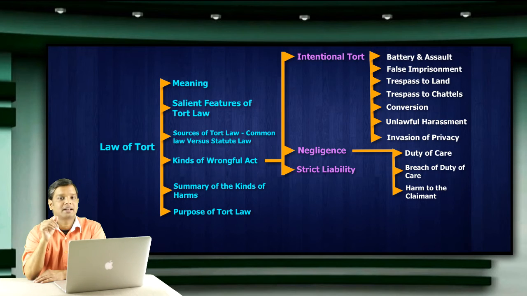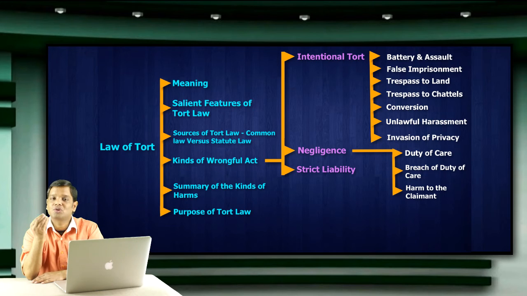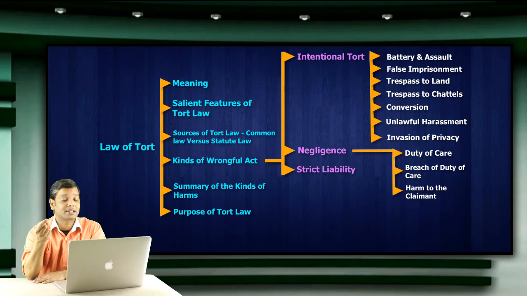Now the next one, that is negligence. Under negligence we have 3 categories, as you can see here. The first one is duty of care. It is your duty to take care of others, but if you miss it for any reason, whether intentional or negligent, you are responsible. Next one is breach of duty of care.